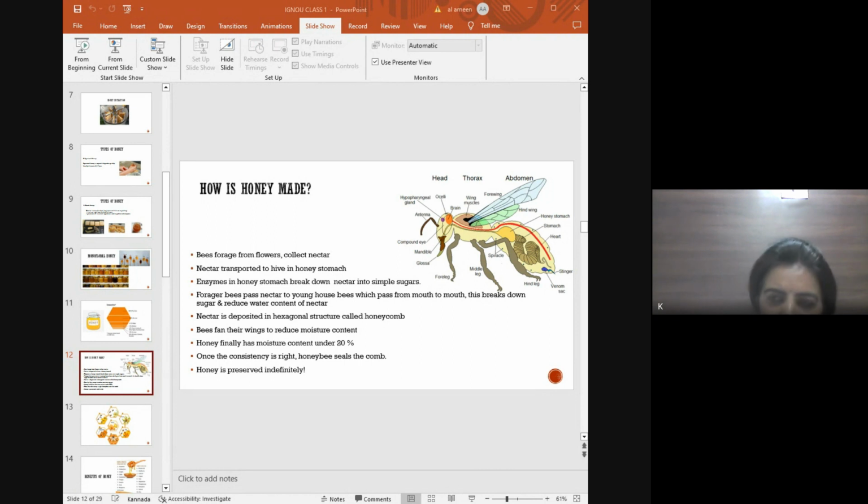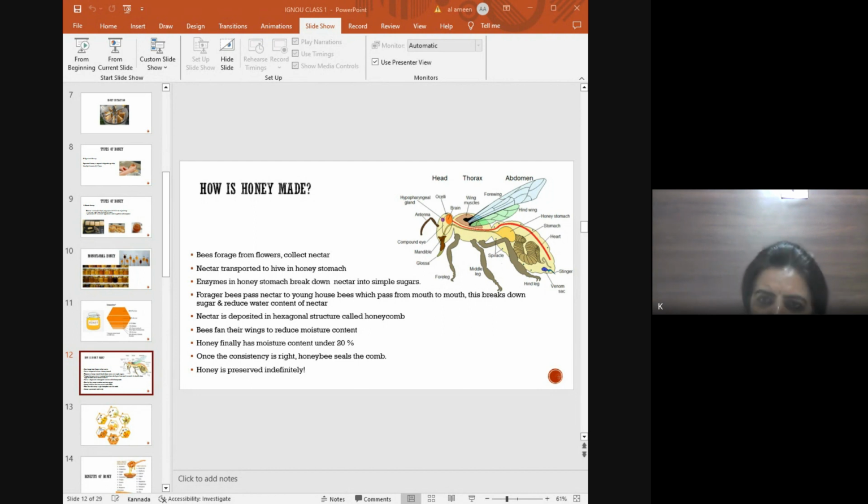So what is done is, after it is put into the cell, the worker bees will be fanning. That is, they constantly flutter their wings, so that the honeycomb, if you observe, is never quiet. It is always buzzing. What is the buzz? It is all the activity going on inside. The bees go on fluttering their wings so that the moisture content is removed.